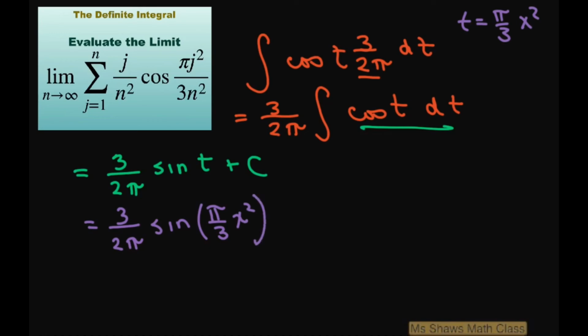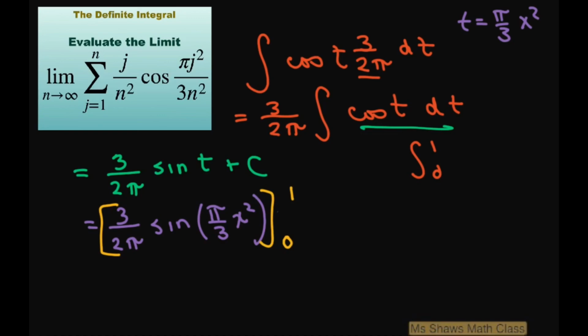All right, so if we go back to our integral, remember we were evaluating this from 0 to 1. So we'll go back to our definite integral, and we're going to evaluate this from 0 to 1 and take away that c. All right, so 0 to 1.